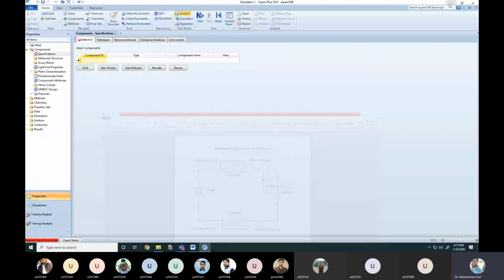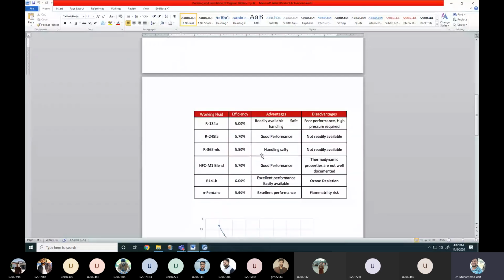So first of all, we need to define the refrigerant. Let's define any of the refrigerants. Normally in the organic Rankine cycle, a list of refrigerants is used. For example, the refrigerants that are used are mentioned in this table: R134A, R245FA, right? This one, and this one. Let me randomly choose, let's say, R245FA.